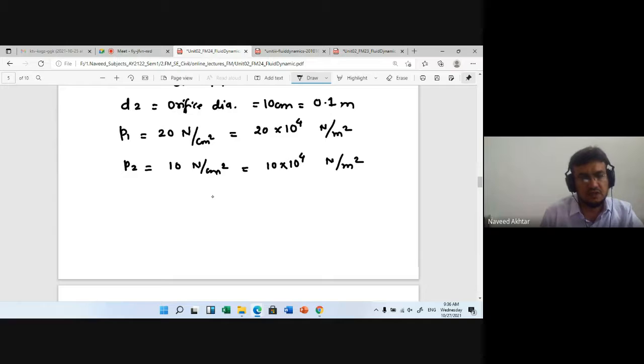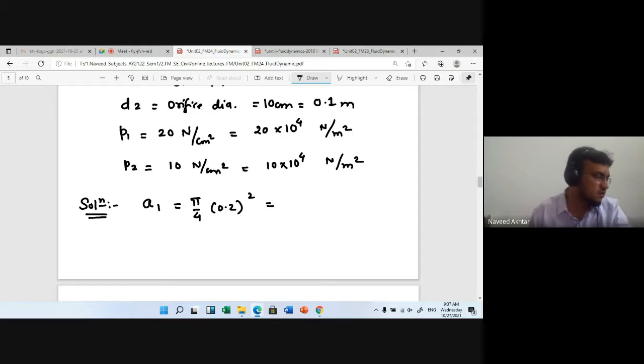Now we know all the terms, you know the diameter, you can easily find out the area. A1 is equal to pi by 4 into 0.2 square, so it is 0.0314 meter square.